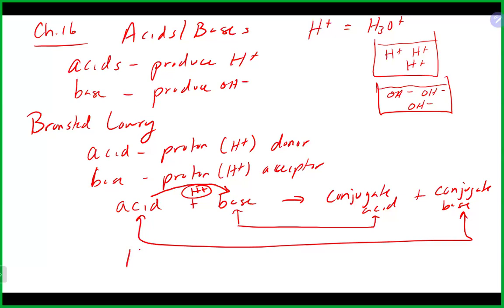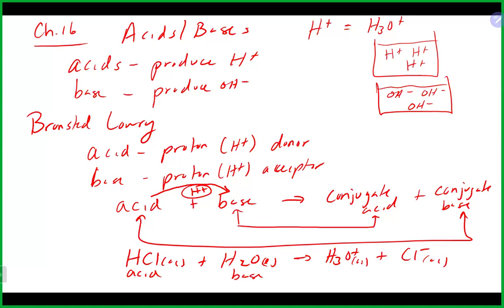We saw something like HCl plus some water going to form H3O plus and some chloride. Once again, HCl is our acid. The water in this case is acting as a base. The acid is going to send the H plus over.